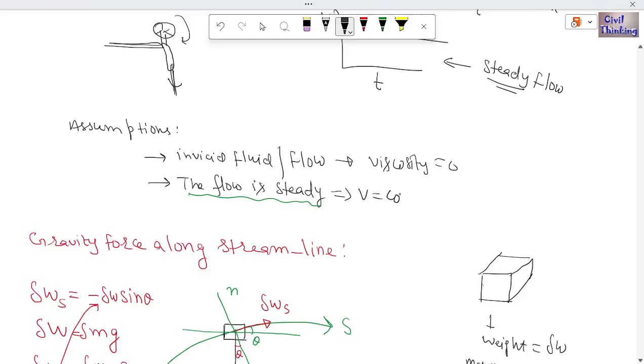In a steady flow, velocity is constant at any time, or we can say dv by dt is 0. But rate of change of velocity with respect to time is acceleration. So acceleration is 0 in a steady flow.